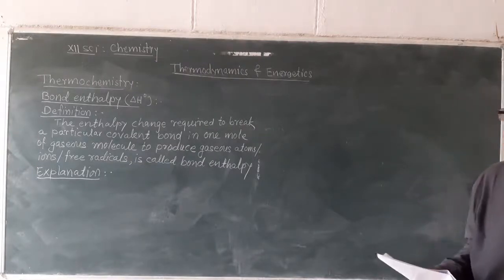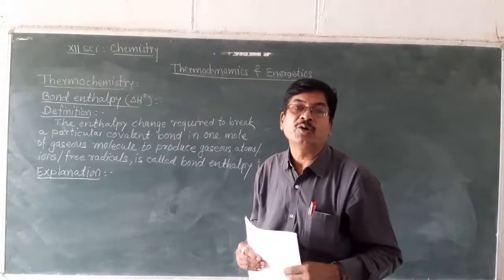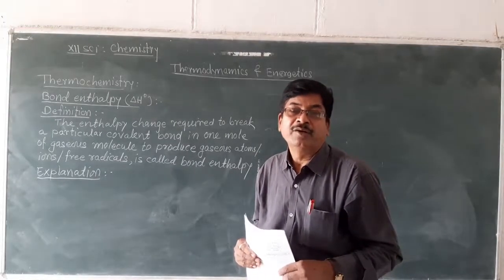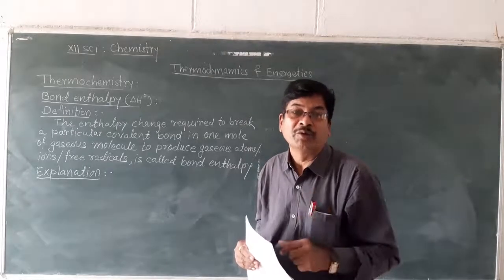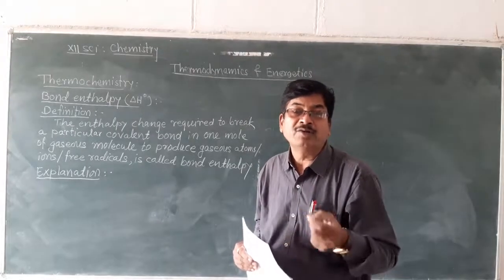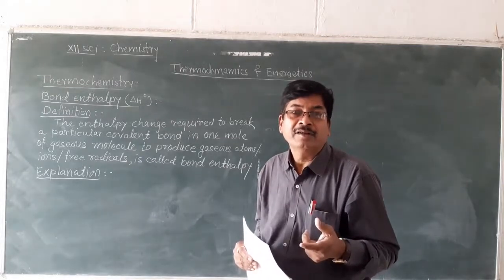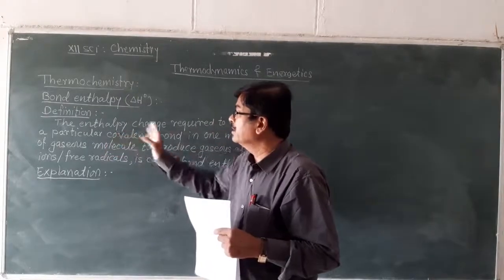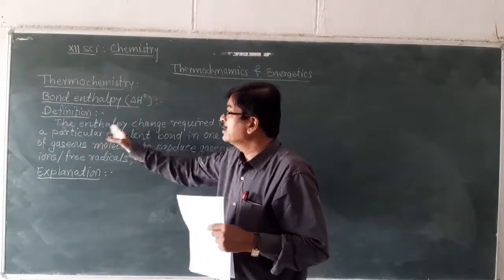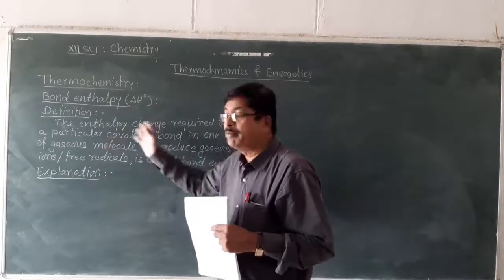It may also be defined as the amount of energy liberated during formation of a particular covalent bond in one mole of molecule. As both these values are the same, they only differ by sign. Therefore, practically, instead of energy liberated, energy supplied is considered for bond enthalpy, and therefore such a definition is given.